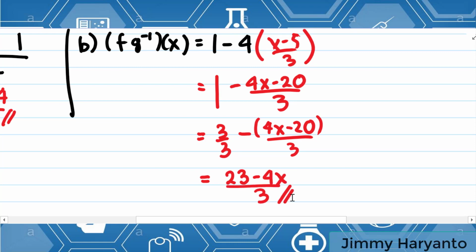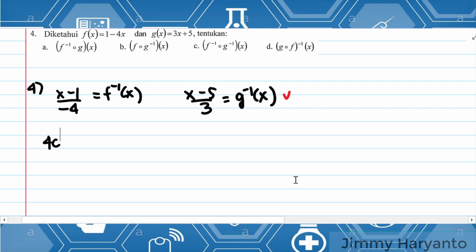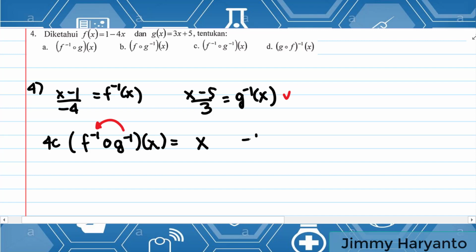Okay, that is B. And then for C, the question wants us to find f inverse of g inverse x. That means we have to put g inverse into f inverse. Write the f inverse first. f inverse is x minus 1 over minus 4. And then change the x into g inverse. g inverse is x minus 5 over 3.